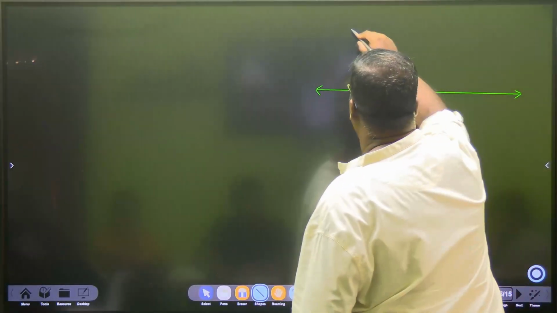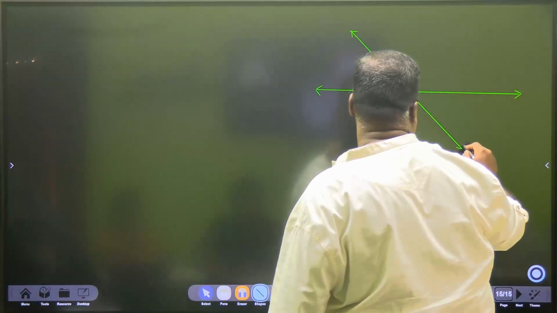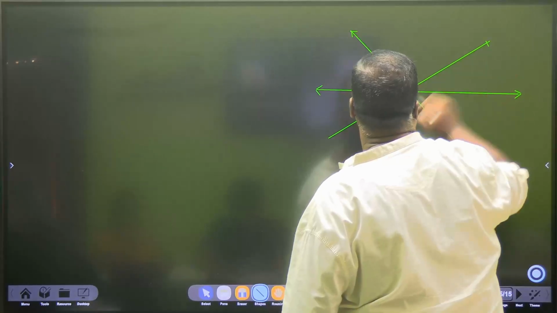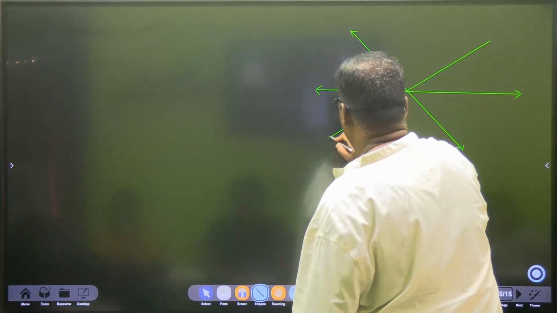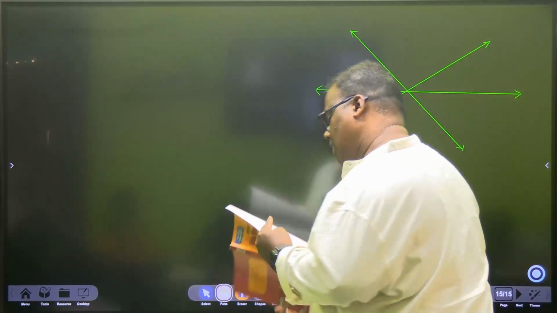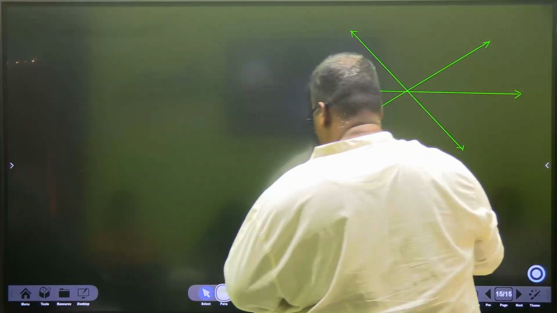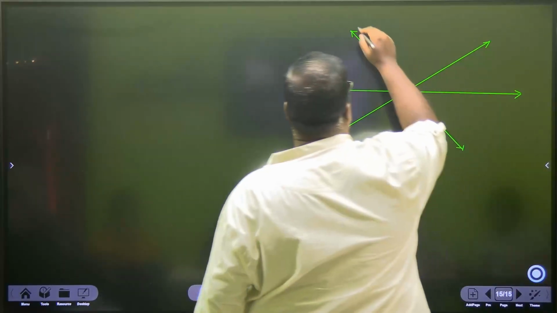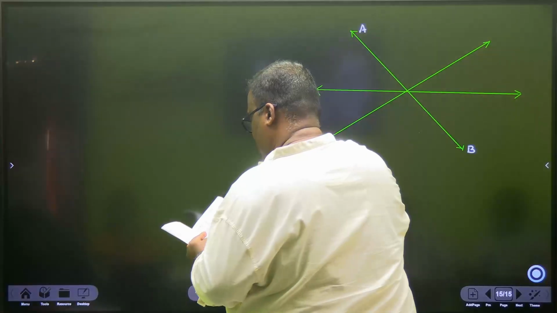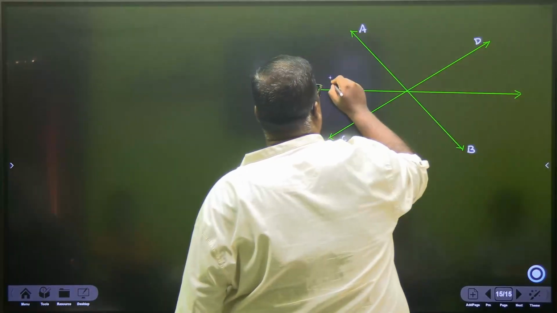Okay. So you should draw the figure. The figure formation is like this. The naming is, the rays are AB, CD and QP. AB, then we have CD, and we have QP.